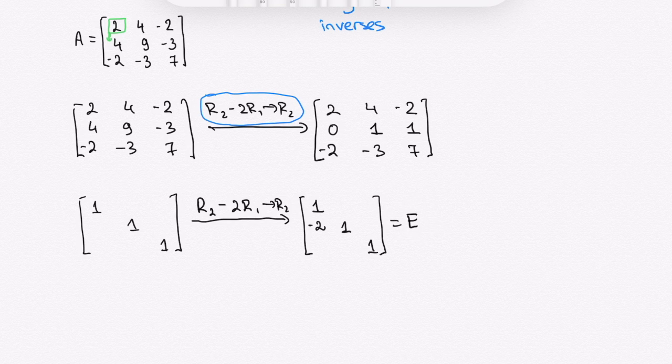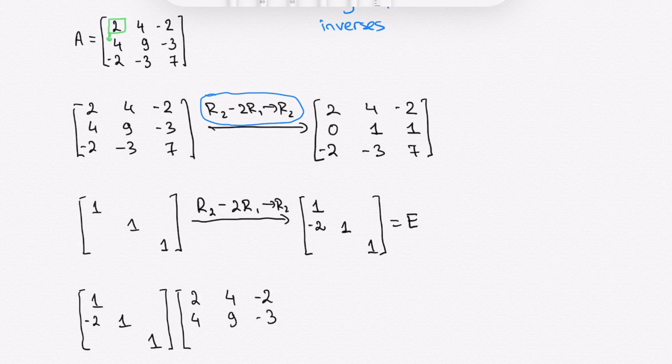Well, I can simply write 1, negative 2, 1, 1, with all the rest zeros, times the matrix A, 2, 4, negative 2, 4, 9, negative 3, negative 2, negative 3, 7, equals the matrix obtained after one step of elimination.